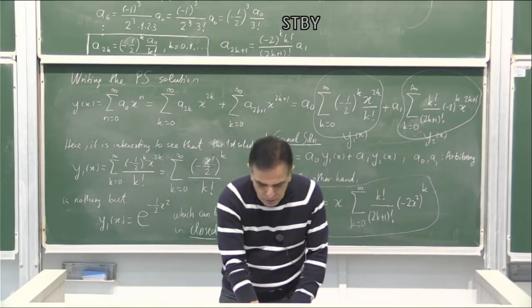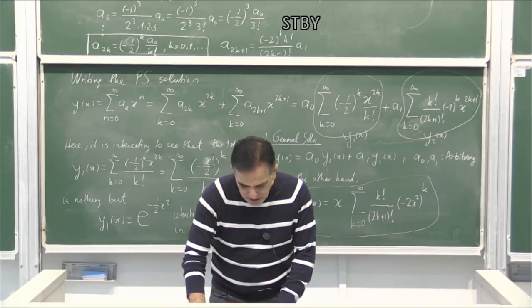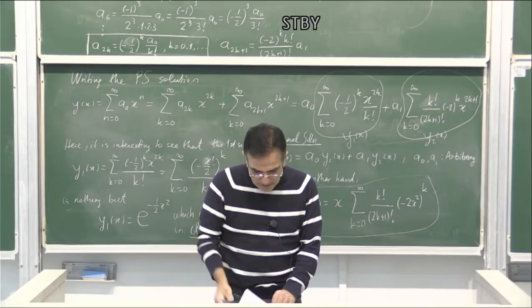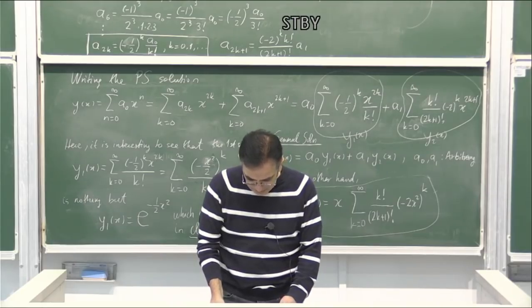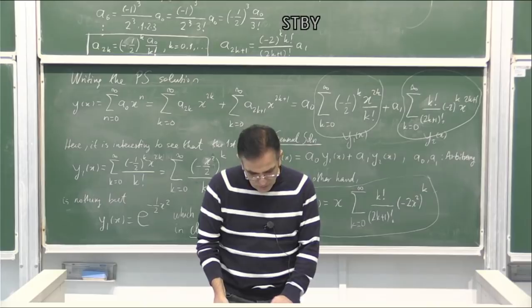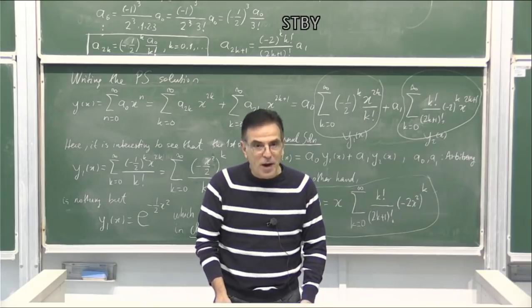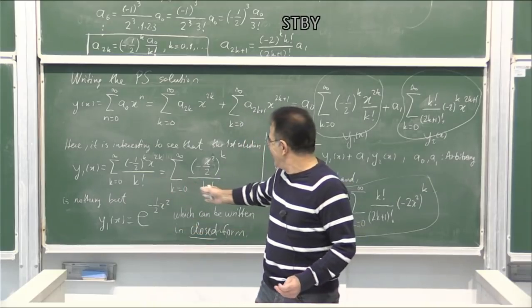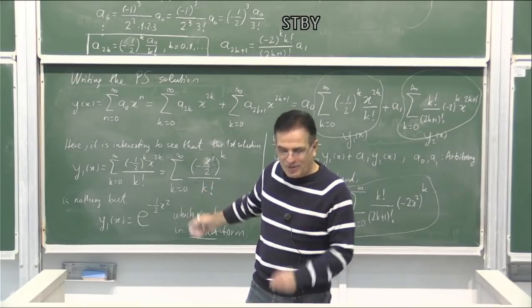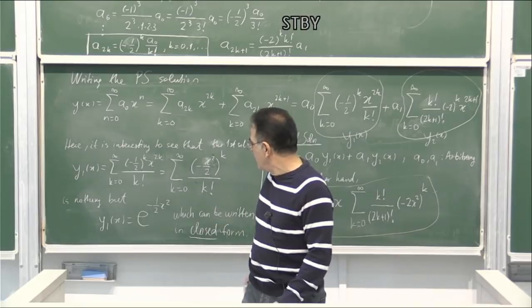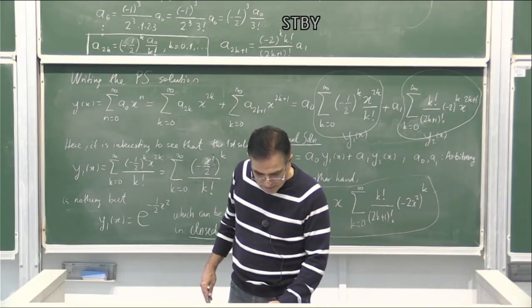So good. In this case, again, we find two solutions in the form of power series. But surprisingly, the first one is expressible in terms of a nice elementary function, like e to the power minus 1/2 x squared.